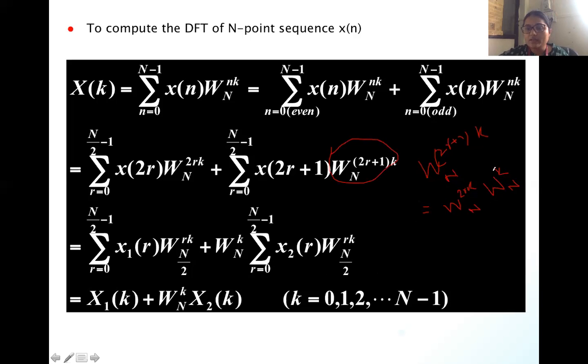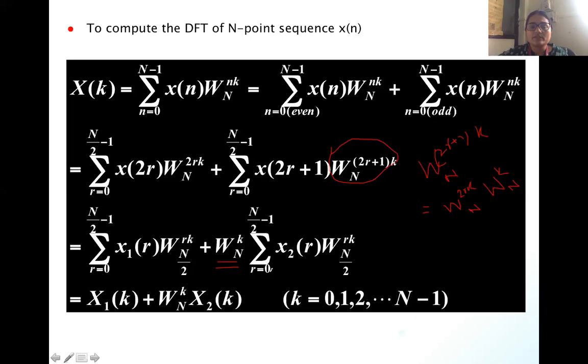Here the k does not depend upon r. So this value we have taken outside of the bracket, outside of this summation.